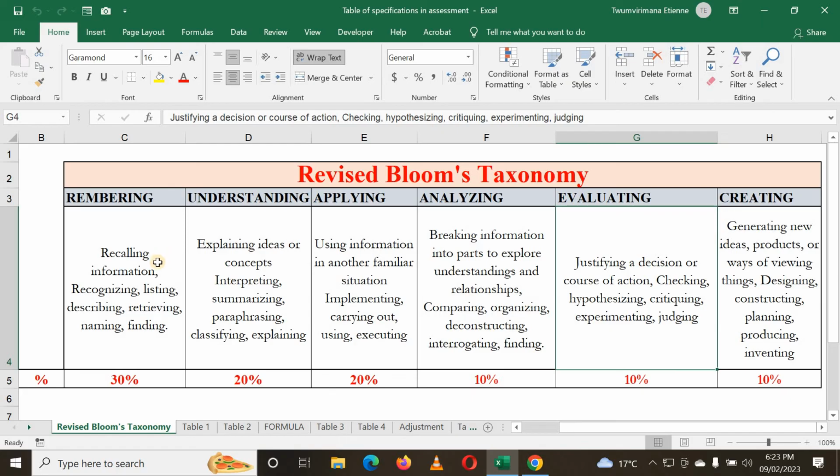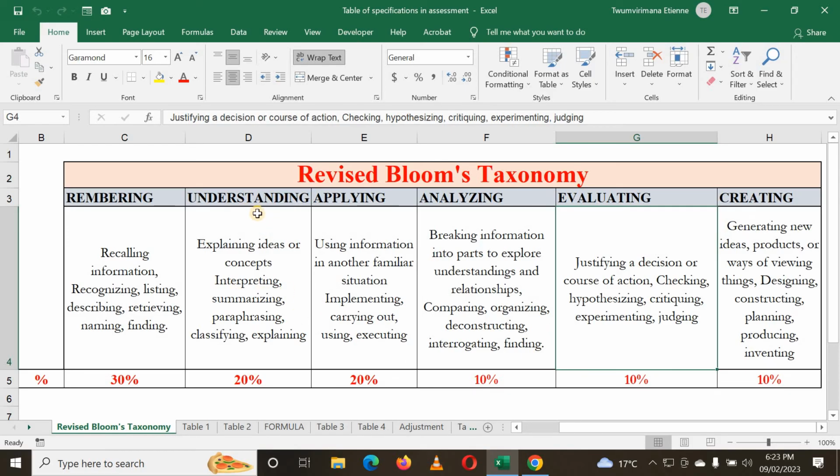There are some questions that we're going to ask, and those questions require remembering. We'll ask students to remember, to recall information: recognizing, listing, describing, retrieving, naming, finding. There are also questions that require students to explain ideas or concepts: interpreting, summarizing, paraphrasing, classifying, explaining.